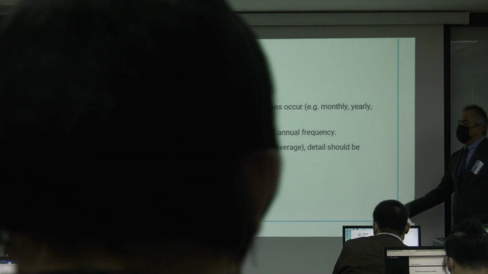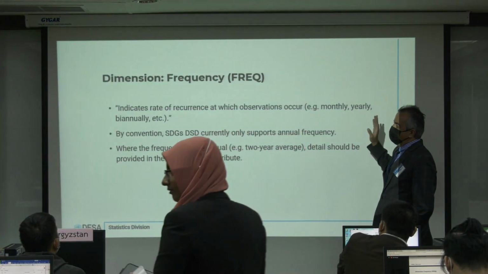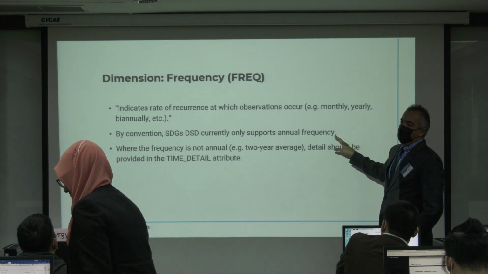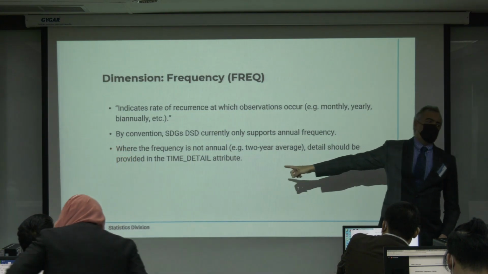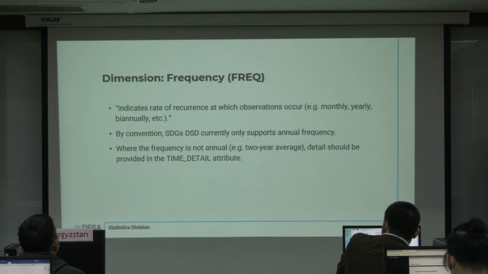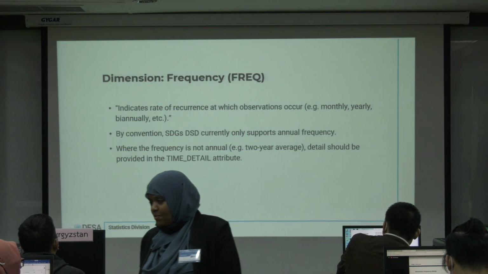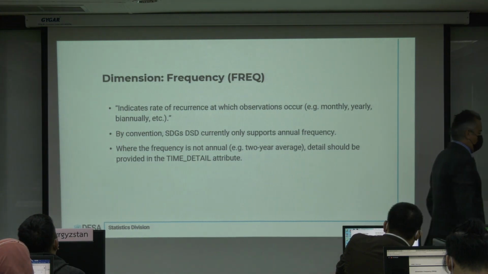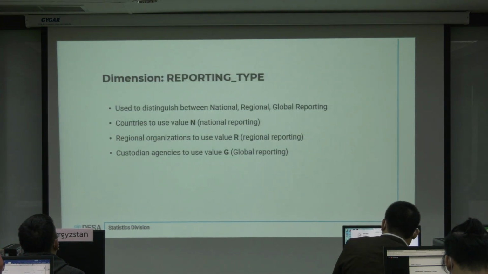The bottom line is you always indicate frequency annual, and if it's actually not quite annual, for example, 2-year average, then you specify the detail in the time detail attribute. The point is that SDG indicators are never sub-annual, so the annual frequency is good.